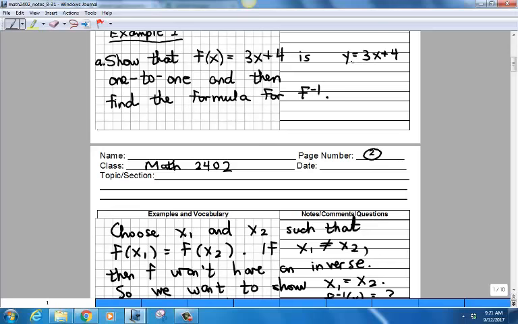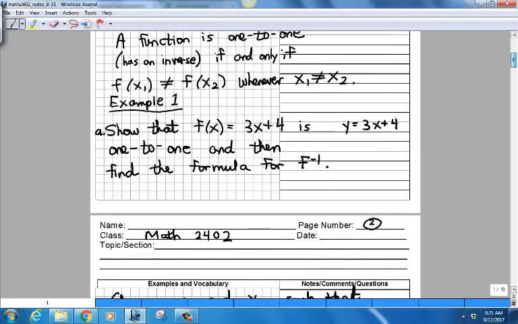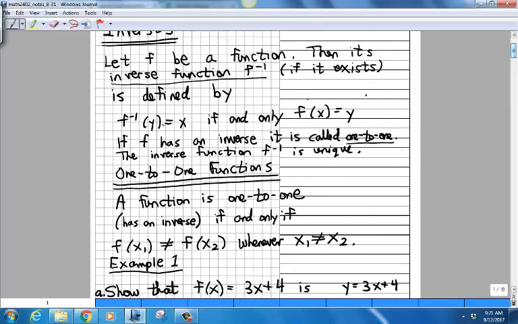Remember how you define a function inverse? If the input to the function gives you y, then when you take this output and plug it into the inverse, you get the original input.